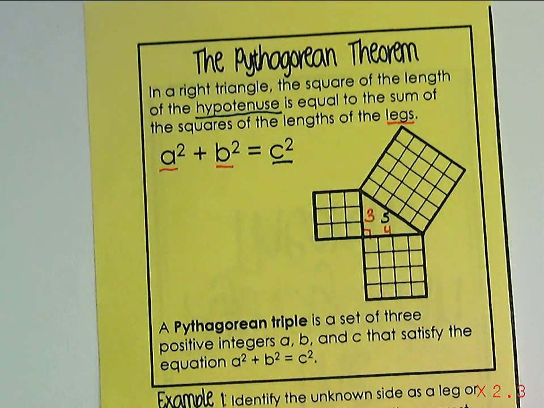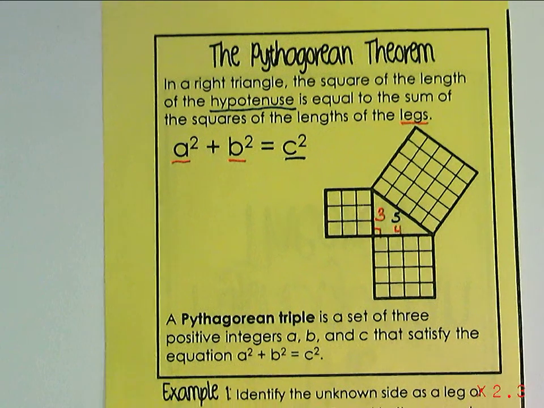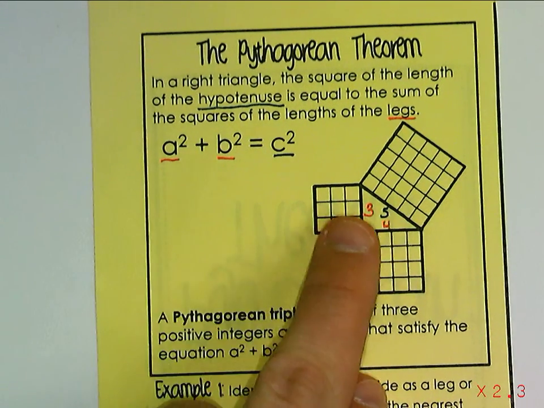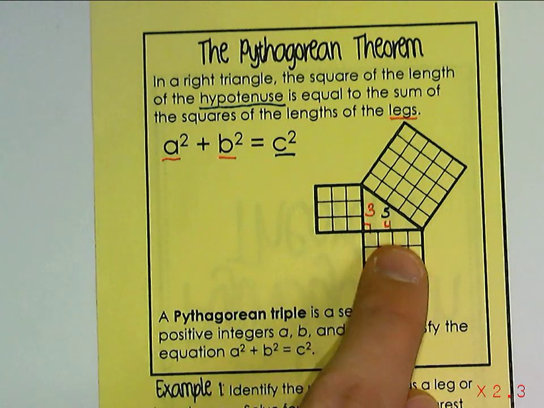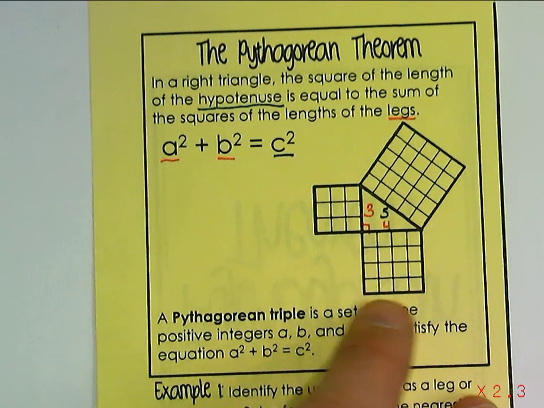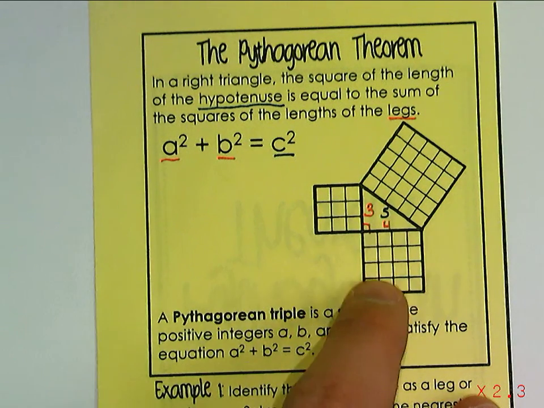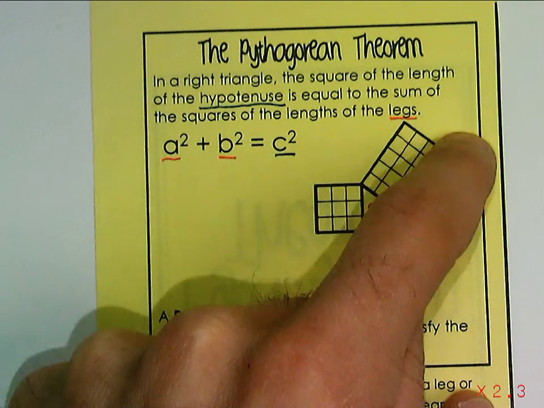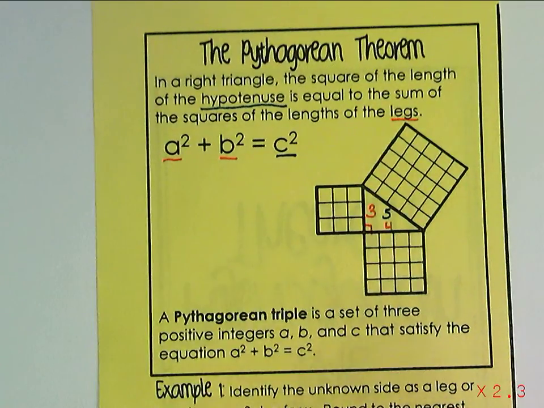Now let's break down what this equation does. What it says is the square of a, we'll say 3 is a, plus the square of b, so squaring that number and literally making a square out of that side, is equal to the size or the area of c squared. So we can see that visually there.